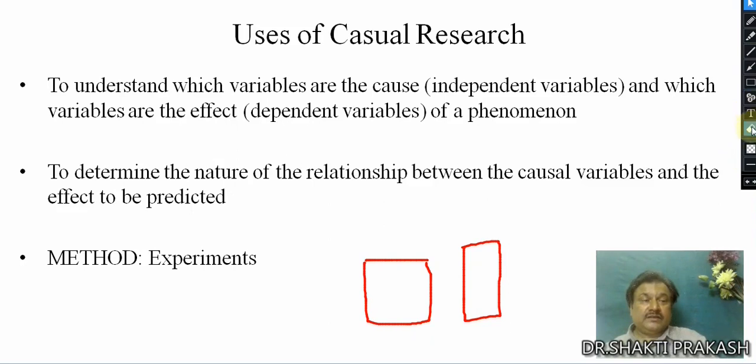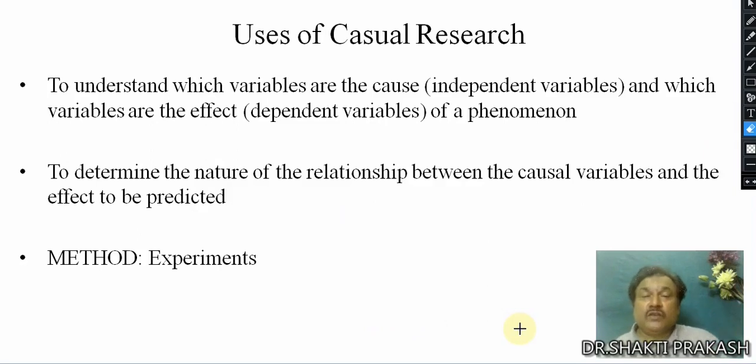Now the next concept, the next slide, is the use of causal research to understand which variables are the cause, the independent variables, and which variables are the effects, the dependent variable, of a phenomenon. It is used to determine the nature of the relationship between the causal variables and the effect to be predicted.